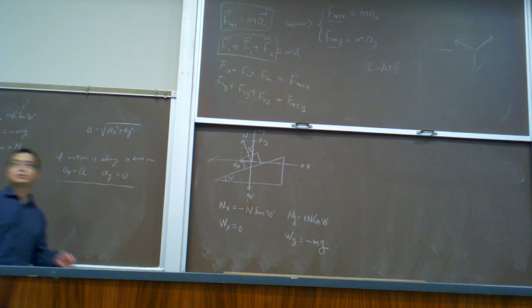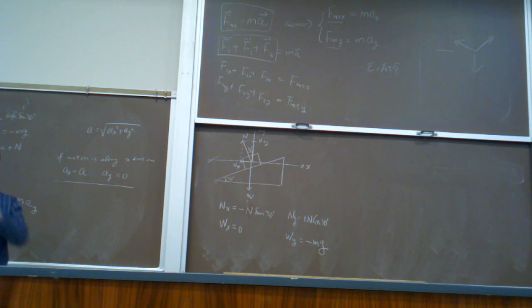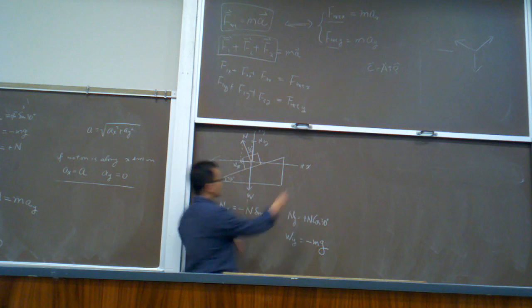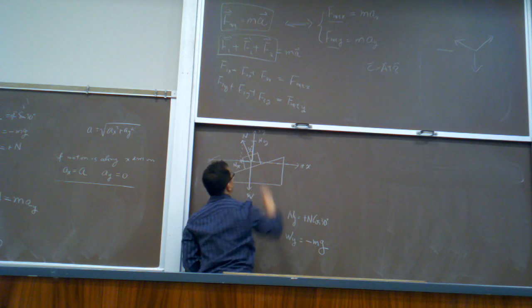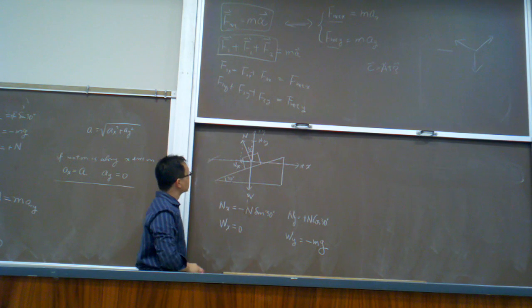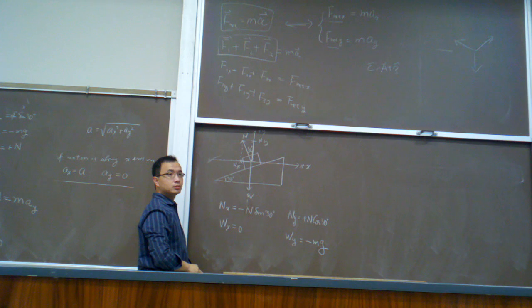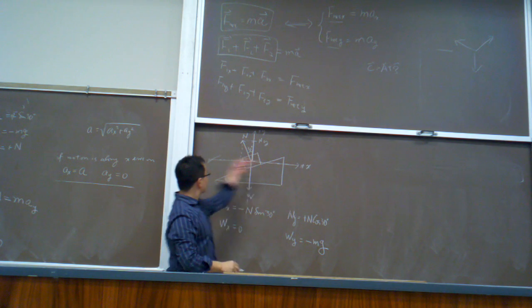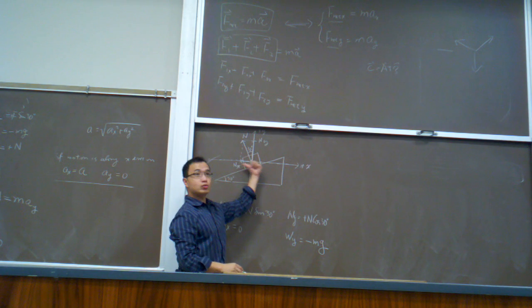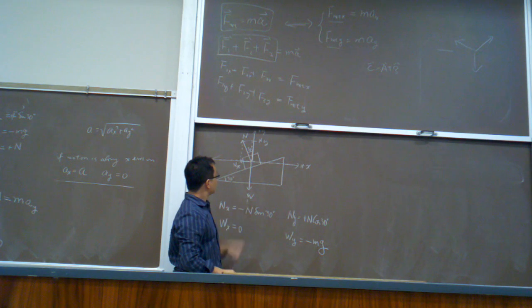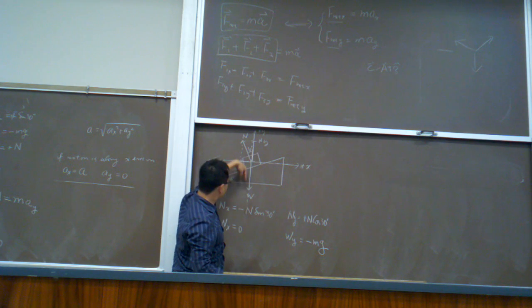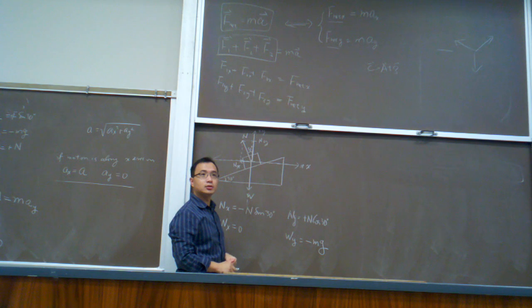Question: how is that negative sign going on? Because I choose the coordinates like this. Where is the x direction? It's positive to this direction, and Nx is to the other direction, so Nx is negative. Ny is positive. Wy is negative, right?